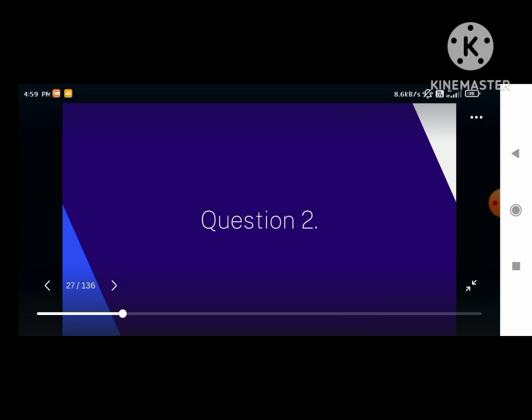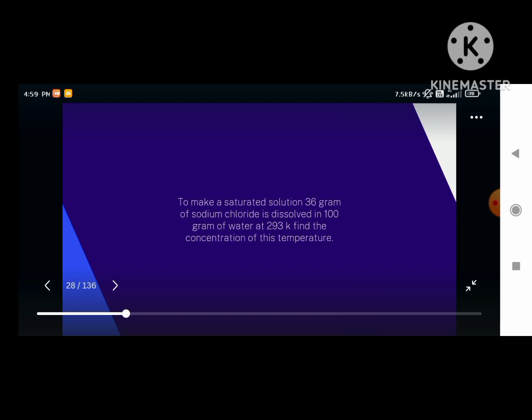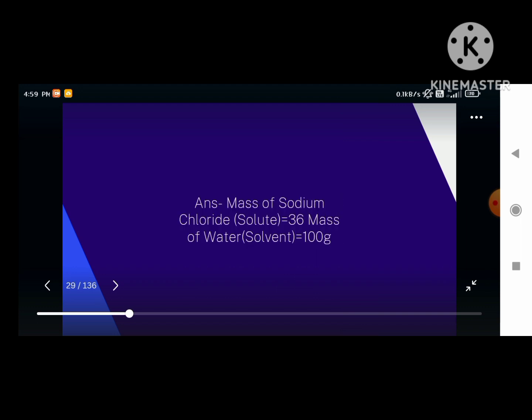Question number 2. To make a saturated solution, 36 gram of sodium chloride is dissolved in 100 gram of water at 293 K. Find the concentration at this temperature. So the mass of sodium chloride is 36 and the mass of water is 100.